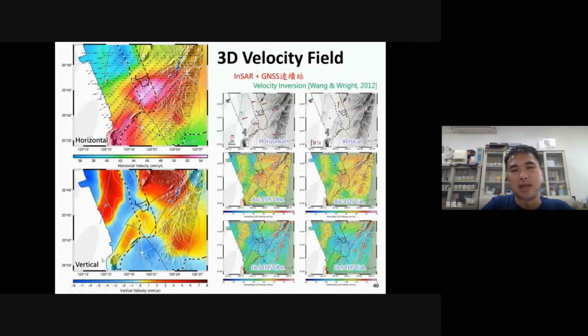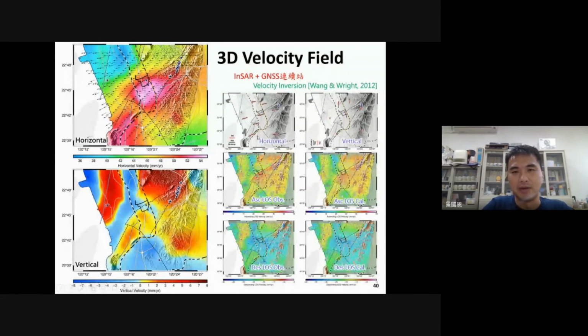So in this case, we like to use at least one way: the velocity inversion. This velocity inversion could help us combine the horizontal velocity, vertical velocity, and the line of sight velocity from InSAR.